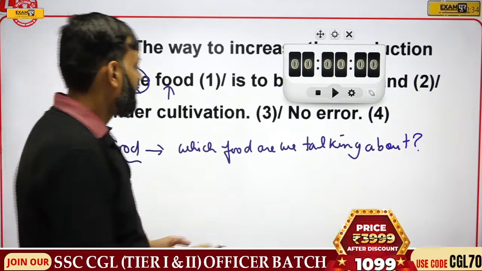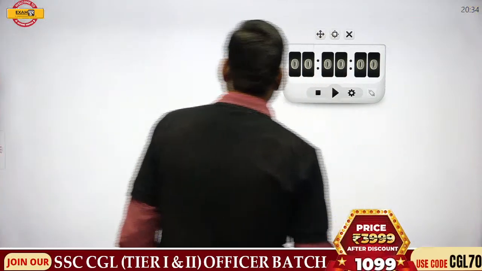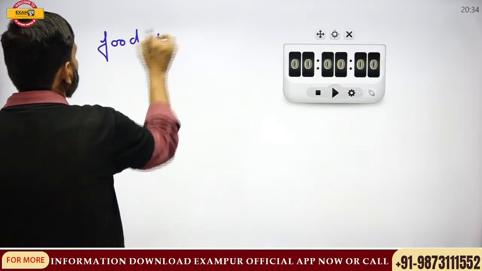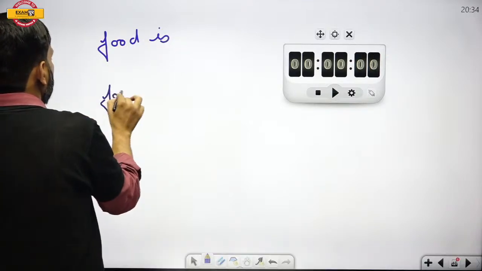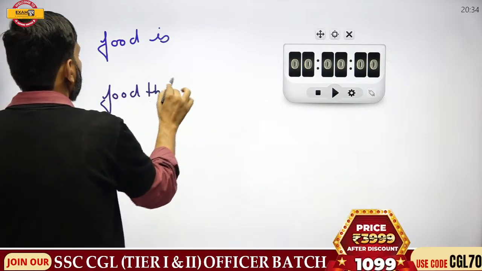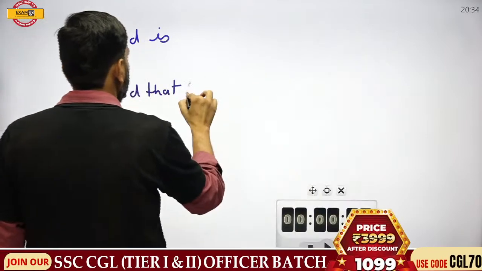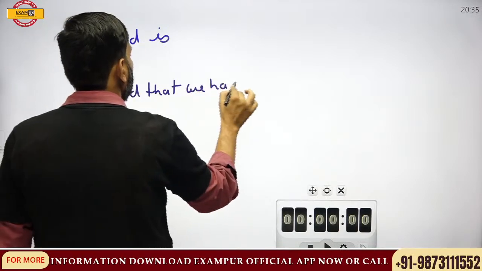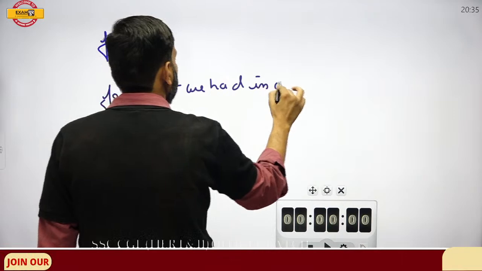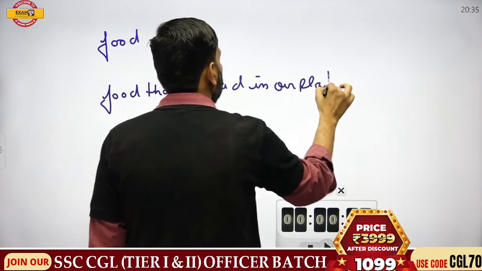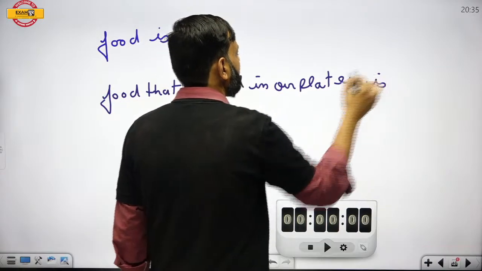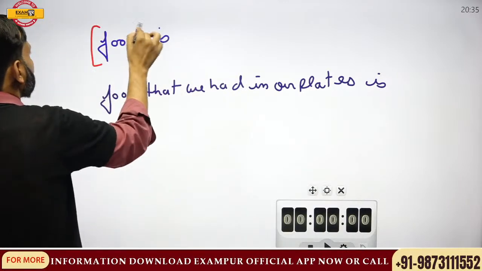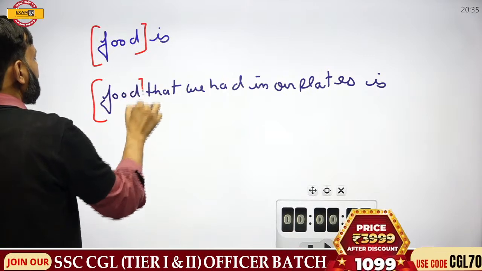Okay. For example, let me give you one example. Food is, and food that we had in our plates is. Here we have the word food, and in the second sentence we have the word food.